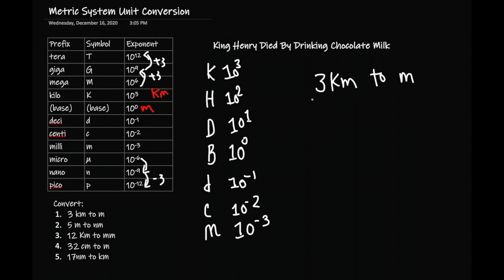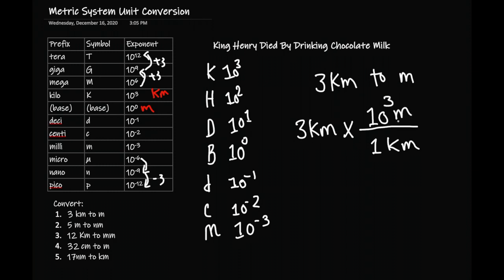We start by writing 3 kilometers times, and we write kilometer below, with 1, and then on top we write 10 to the exponent 3 meter.